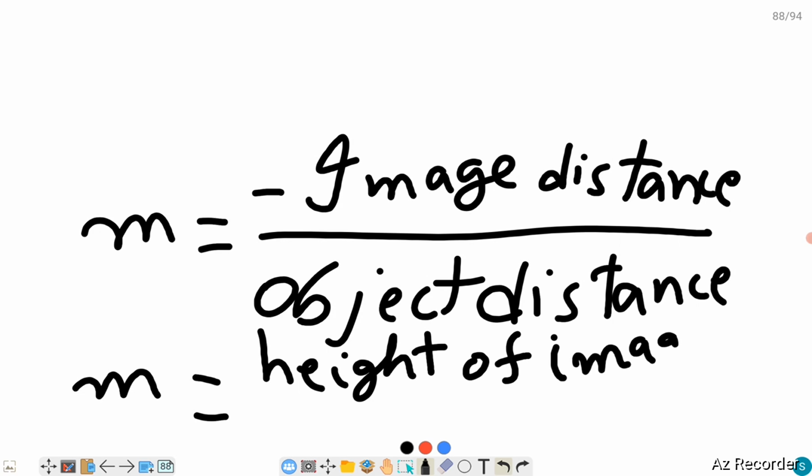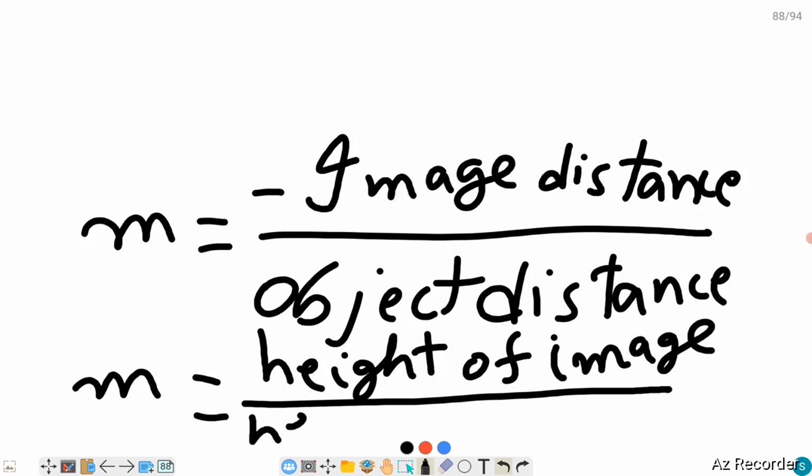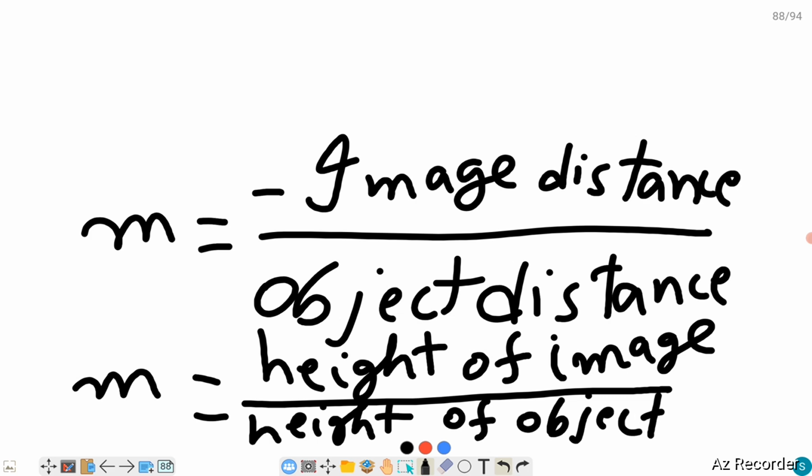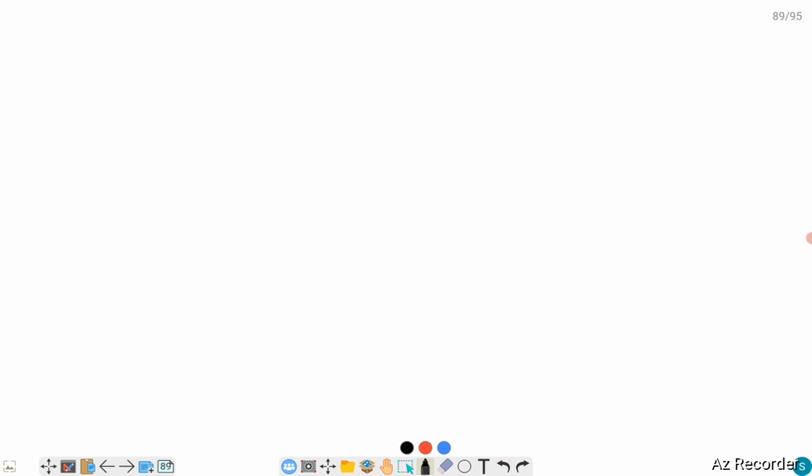So it is simply a ratio, and it is a pure ratio. That means if you take image distance and object distance, it is distance, so meter will be cancelled. If you take centimeter also, it will be cancelled. In the same way, heights are also the same. We generally take centimeter only. So the units will be cancelled. So magnification doesn't have units.